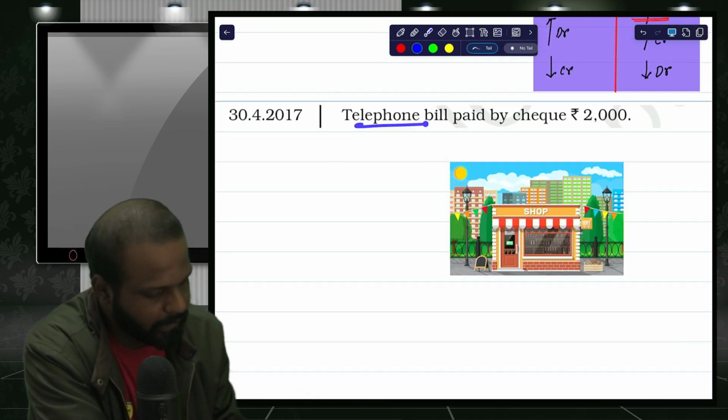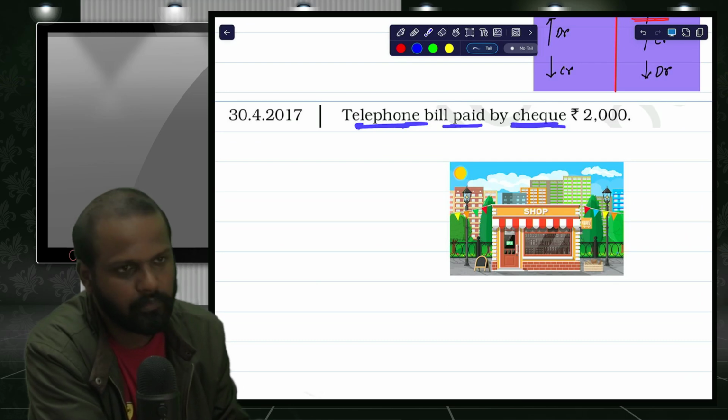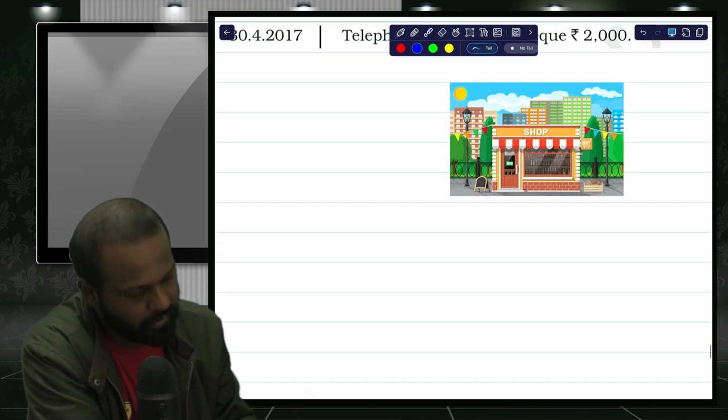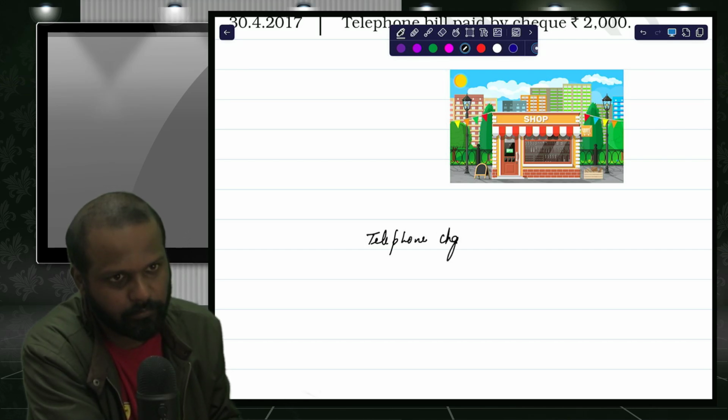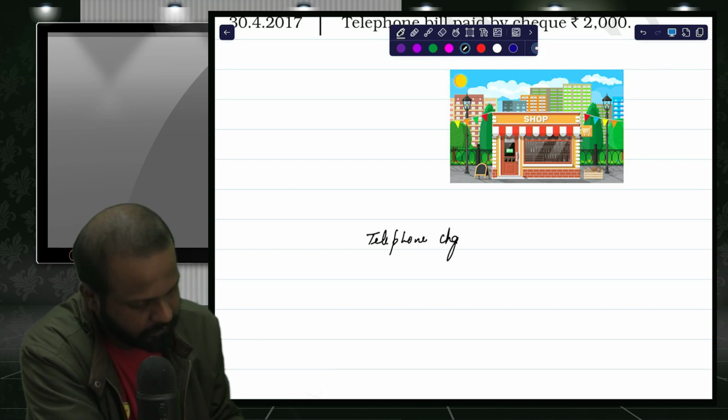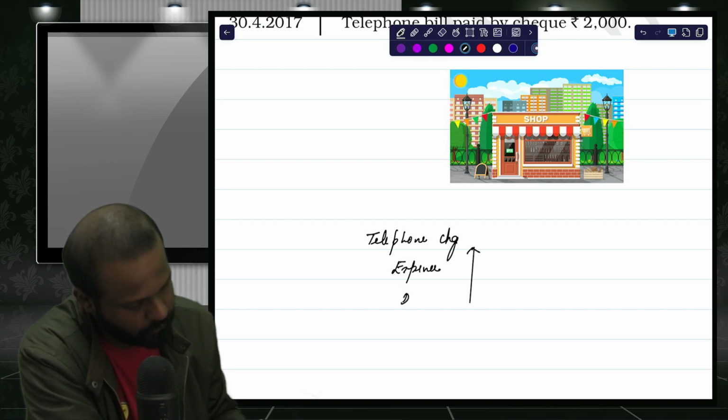Next, telephone bill paid by check. Telephone bill is an expense. Telephone charges is an expense. So whenever you are paying an expense, first create the expense account. Telephone charges account debit, telephone expense account.